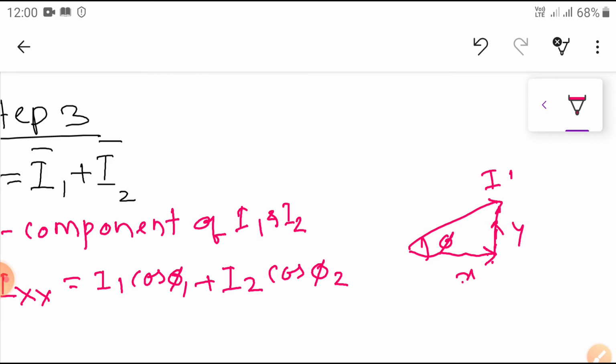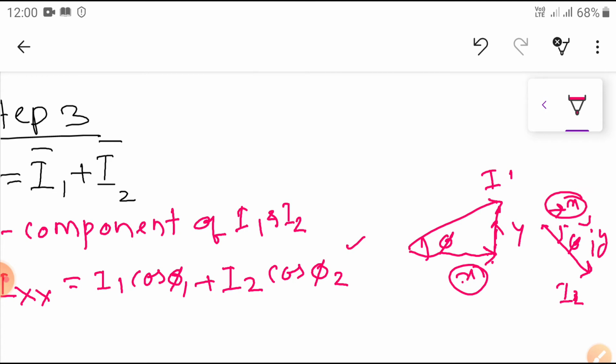Similarly, in the second case, the current I2 is also resolved into the y component and x component, with this phase angle. So the x component is I2 cos phi 2. The same thing I have written here.